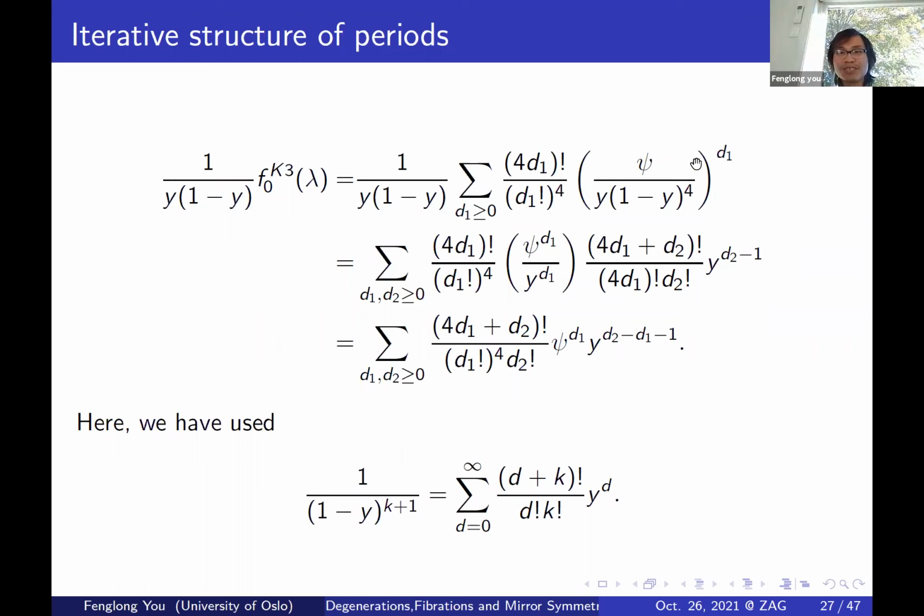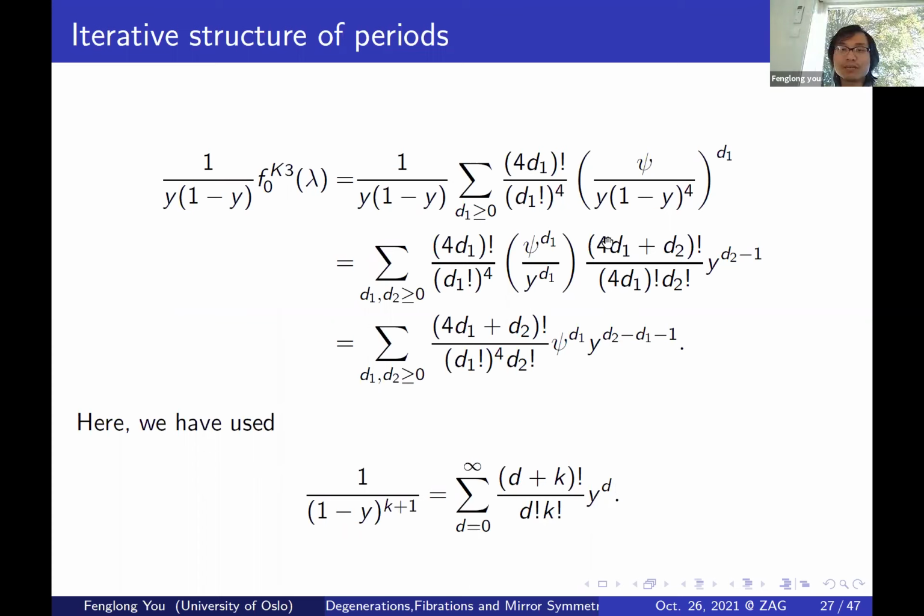So we would replace Q by this rational function and expand this as a series like this. In here, we use an identity like 1 over (1 minus y) to the k plus 1 equals the sum of (d plus k)! over d! k! times y to the d.